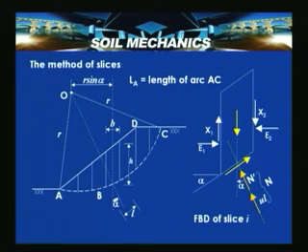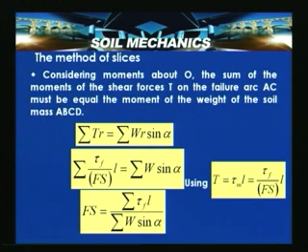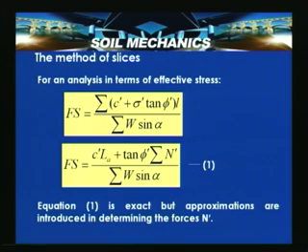We need to consider a trial failure surface and divide the portion into equal width of slices vertically, and considering the equilibrium of a single slice, we took the moments about O, and based on that we derived this expression: factor of safety is equal to summation tau f into L divided by summation W sin alpha, and substituting for tau f is equal to C dash plus sigma dash tan phi dash, we got factor of safety is equal to C dash LA plus tan phi dash summation n dash divided by summation W sin alpha.